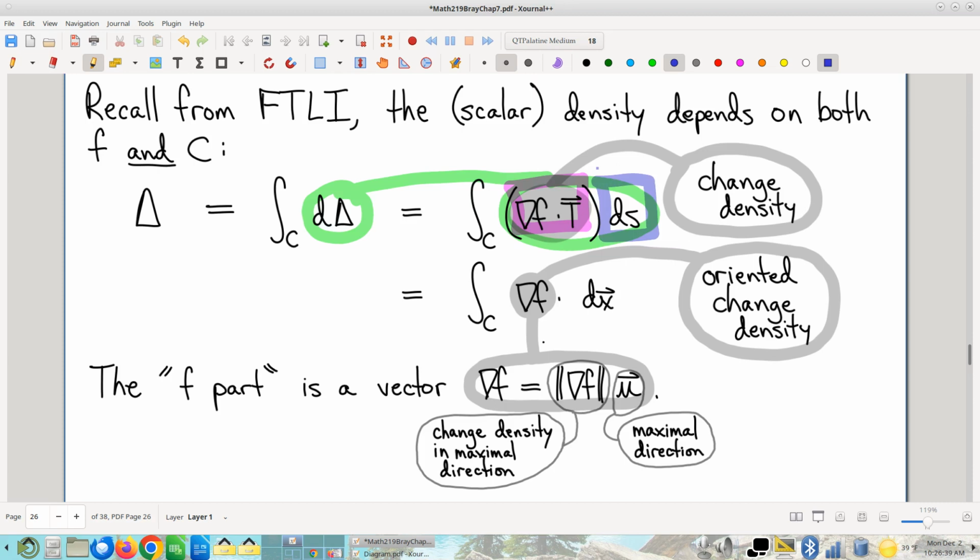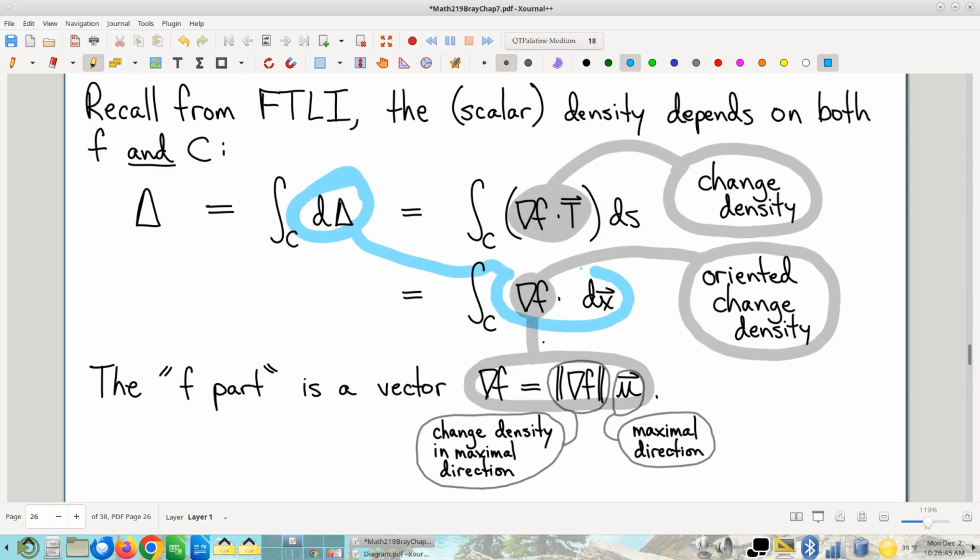All right, well then how would we view this statement here? How, if I kind of regroup things together, attach the t to the ds to make the dx, how do I interpret what I have here in blue?